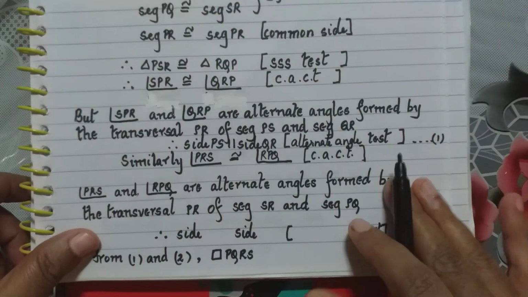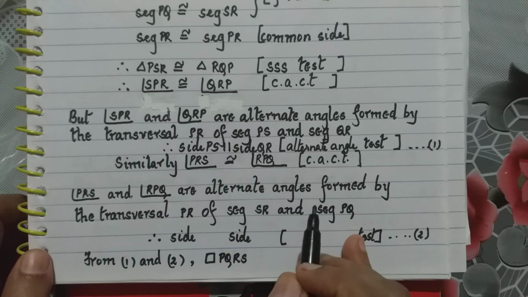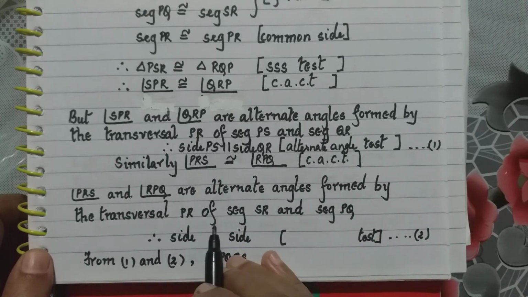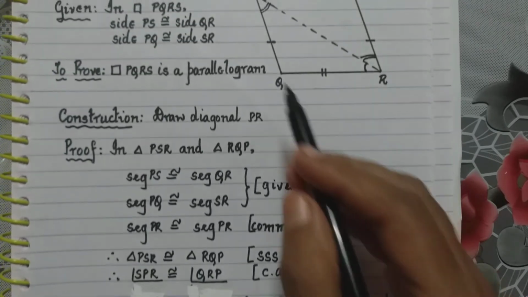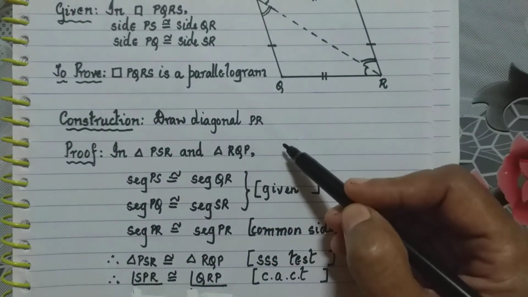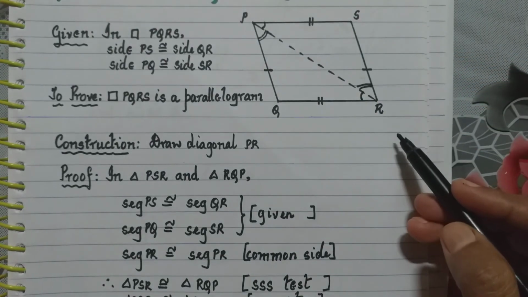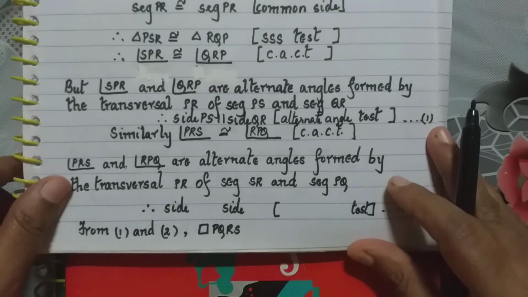So, angle PRS and angle RPQ are also alternate angles formed by the transversal PR, you can see here, this is the transversal PR of segment PQ and segment SR. So that is what I have written here.